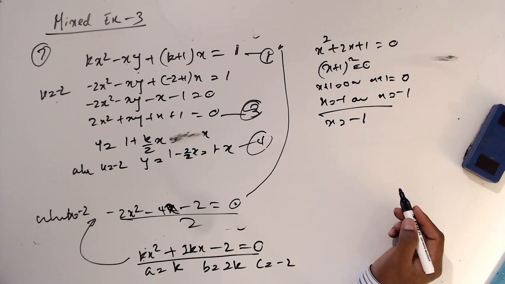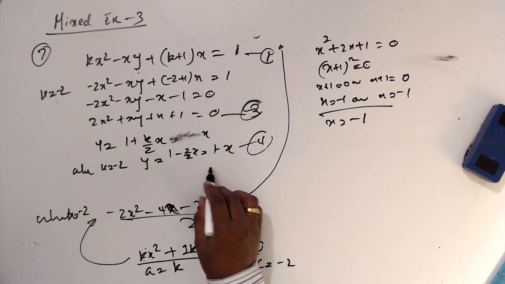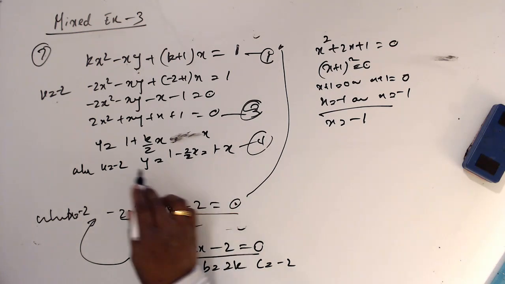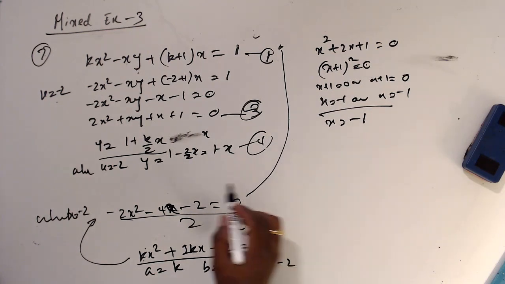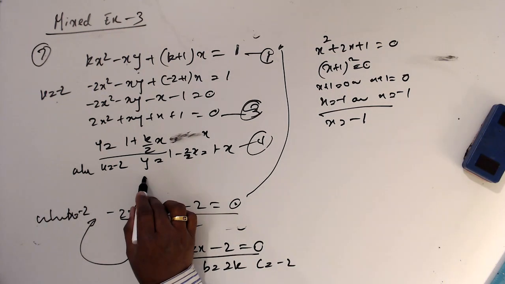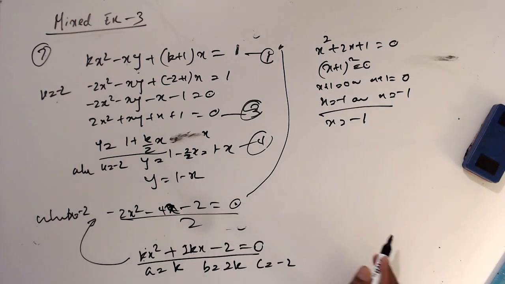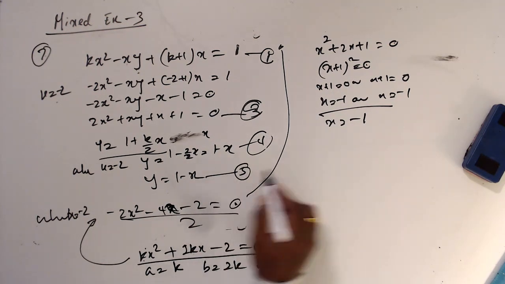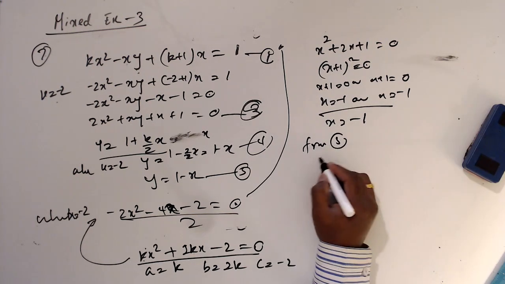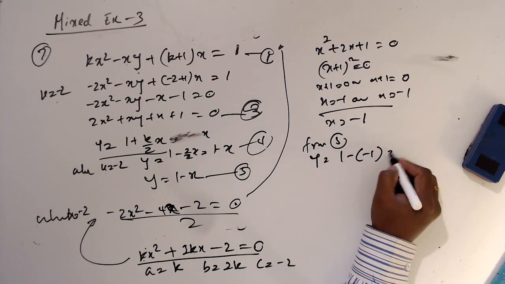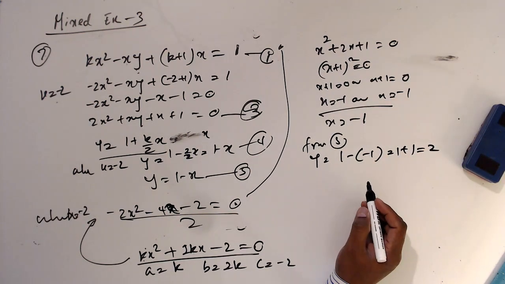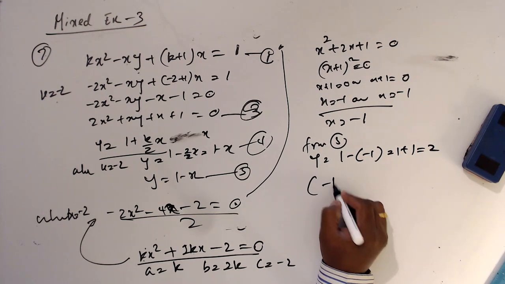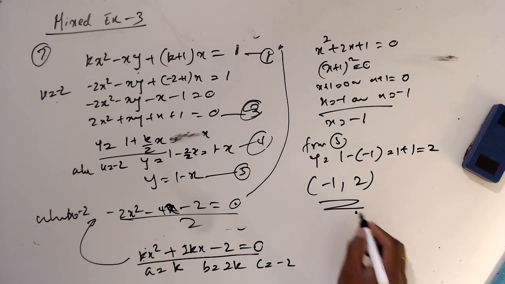When x equals minus 1, I'll take y equals 1 minus x. From 5, y equals 1 minus minus 1, 1 plus 1, which is 2. So minus 1 and 2 is the intersection point.